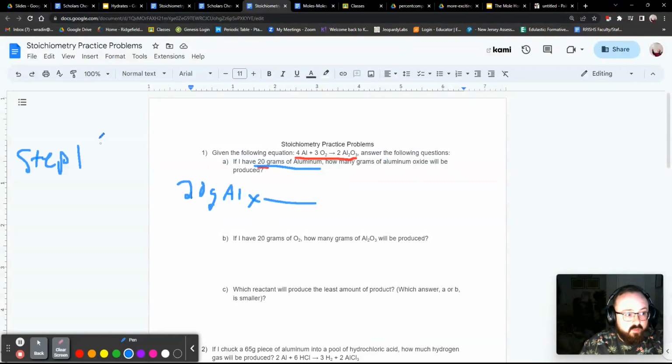I need to get my molar masses. I want aluminum and aluminum oxide. You're going to have to calculate these, but I'm going to look them up because I'm lazy.